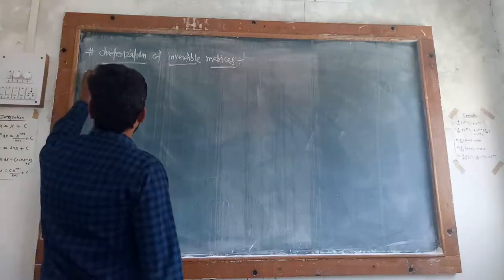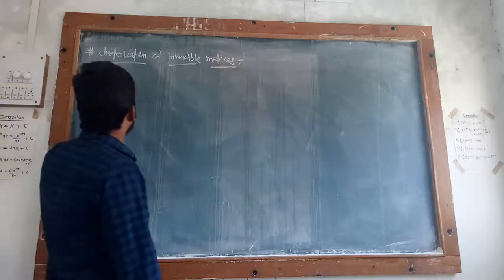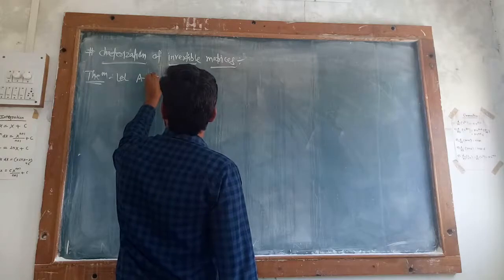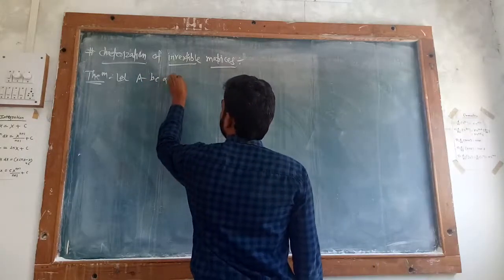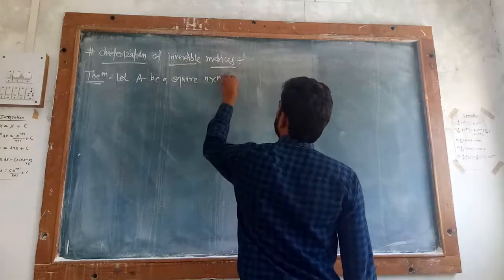So let us add one theorem. Let capital A be a square n cross n matrix.